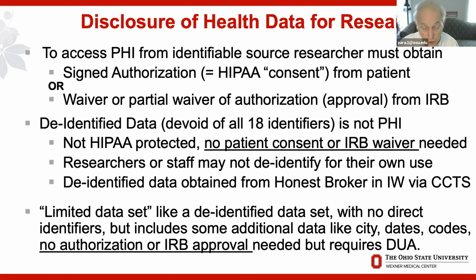I'm going to have to do this all over again, but I'm going to ask for serum creatinine. If it's a limited data set, the honest broker has the code. They can very quickly go in and extract out the serum creatinines on those individuals without having to do the whole search all over again.